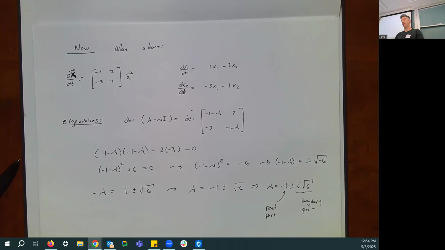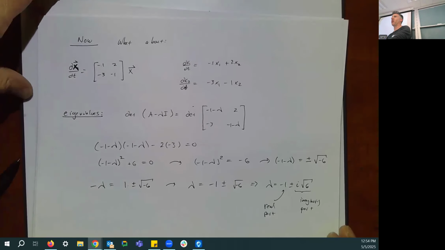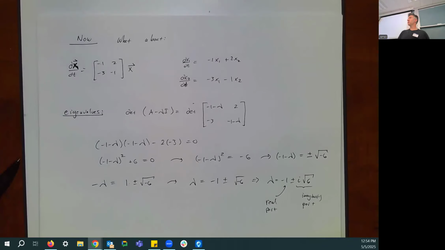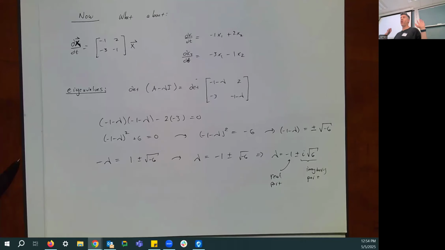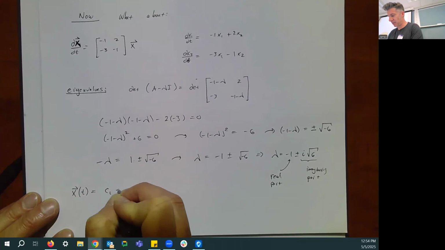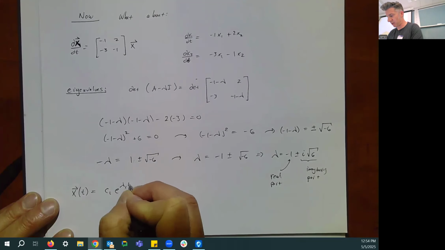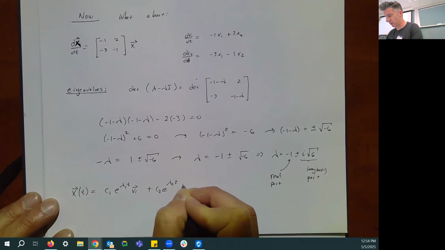So what's happening here? Well, geez. So we're going to go back to our general solution. And say, just like before, our solution is going to look something like the following. c1 e to the lambda 1 t times v1 plus c2 e to the lambda 2 t times v2.